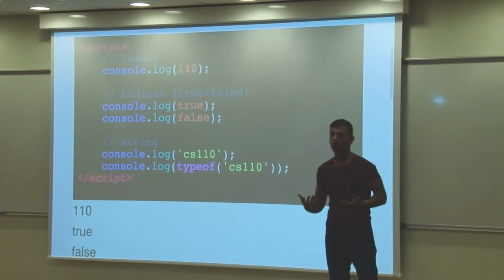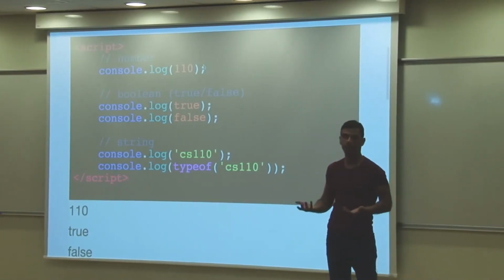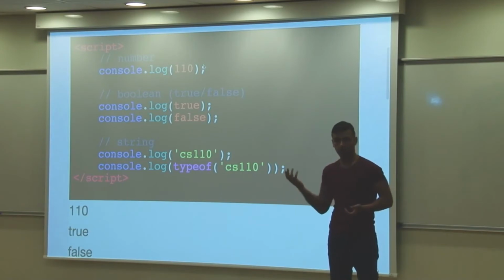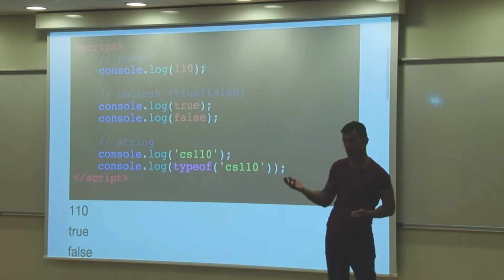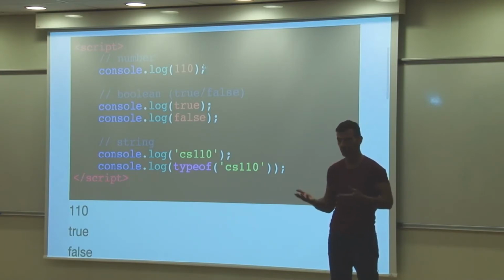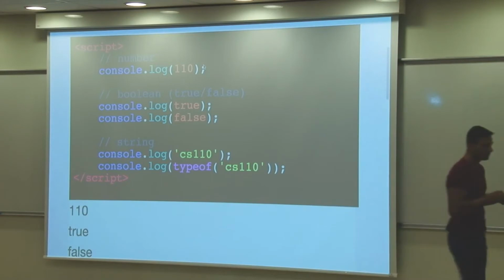The language of JavaScript has values, like numbers, like text or strings. It has a notion of Boolean, true or false. An example of a number, of course, is 110, and I can just console log 110 and it will print 110.